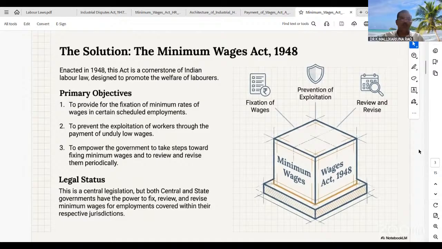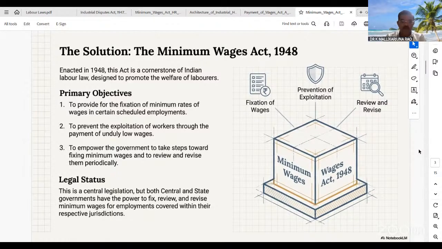If the management is unable to pay a fair wage and pays lower wages, we need to address it as per this act. So the government takes steps towards fixing a minimum wage and reviewing and revising it periodically.